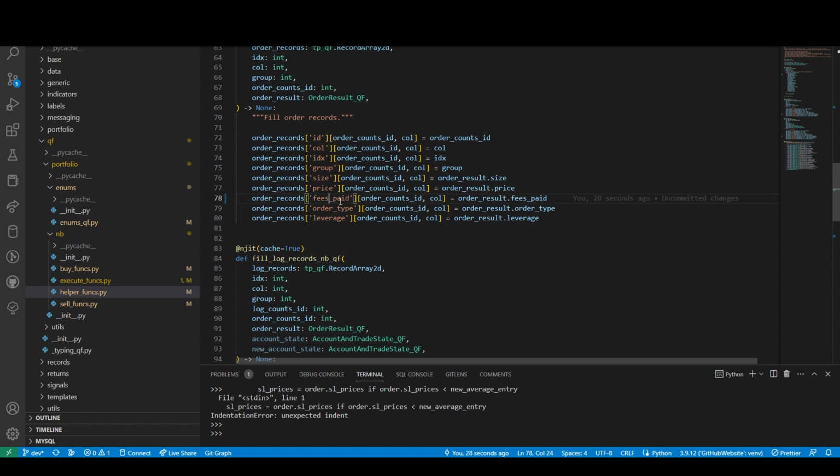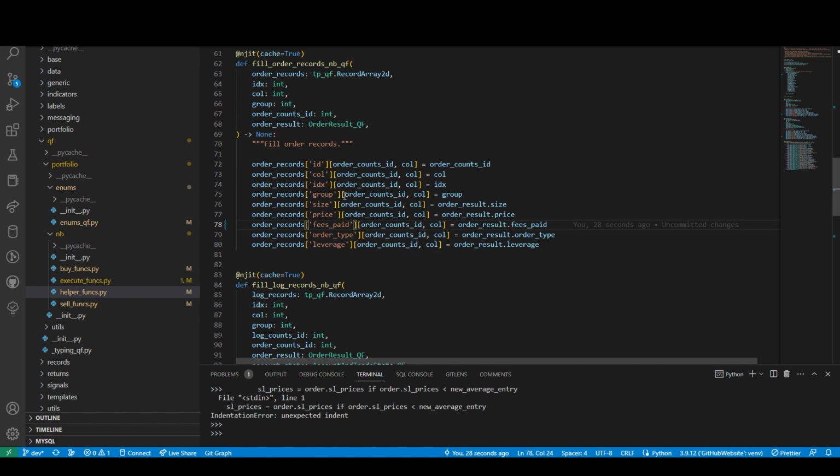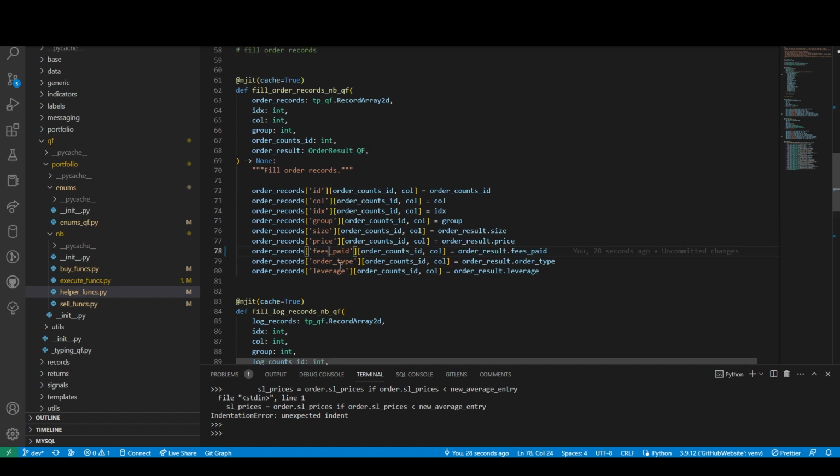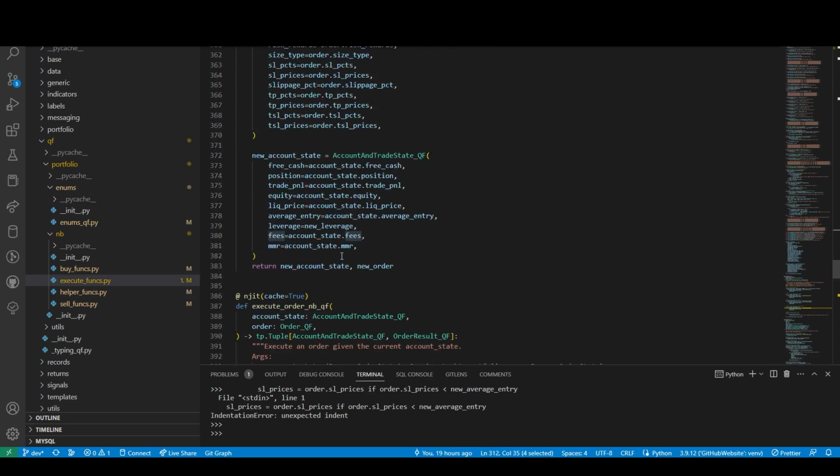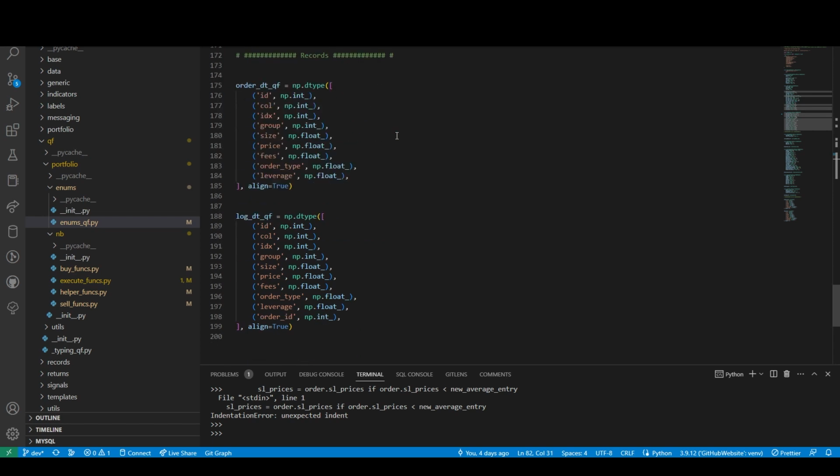That's with this order records. I have to go here and go here and do fees paid. That's what it's talking about. Paid. There we go.